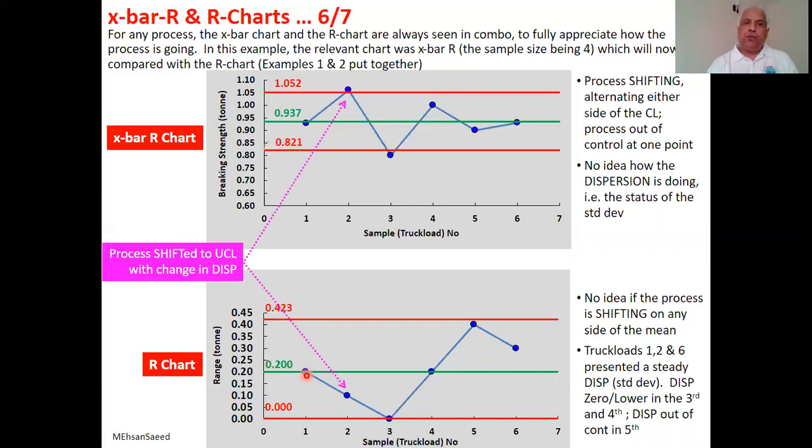In truck number 2, the shift went out of the upper control limit. But on the contrary, the dispersion decreased from 0.2 to 0.1. Now, what does this imply?